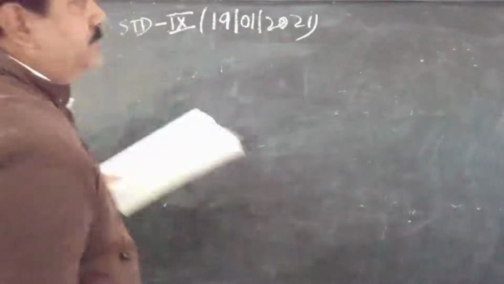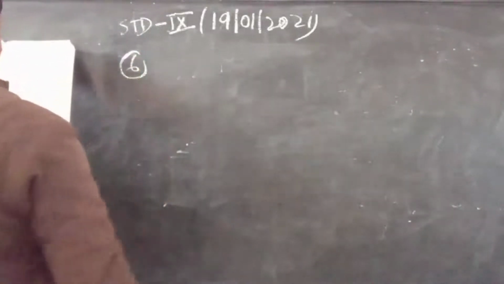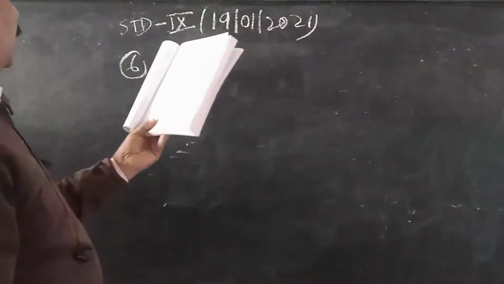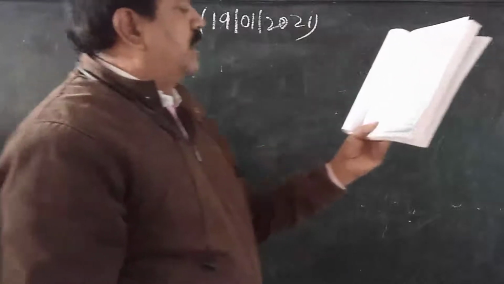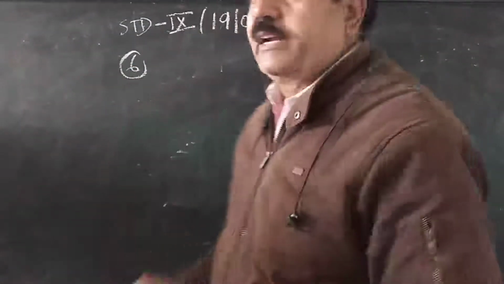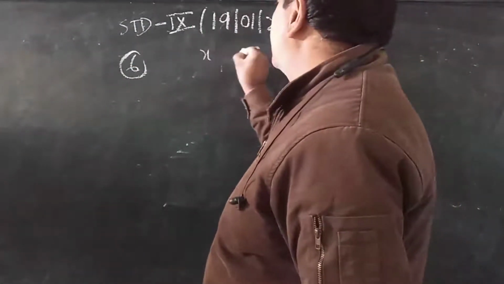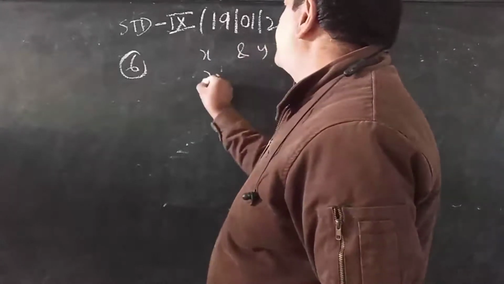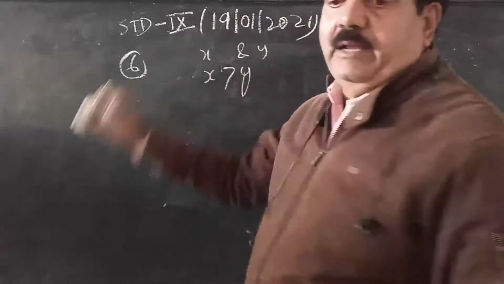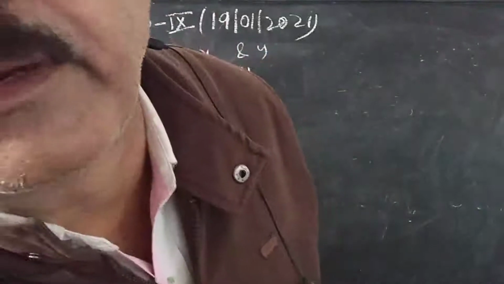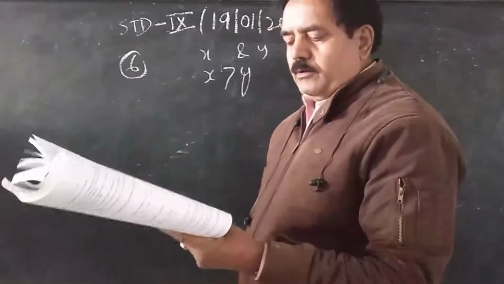Question number 6. If from twice the greater of the two numbers, 16 is subtracted, relate the two numbers x and y, in which x is greater than y. x is greater than y, it is given. Then, what is given?